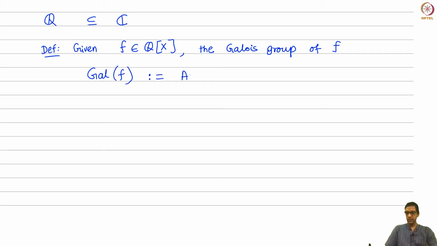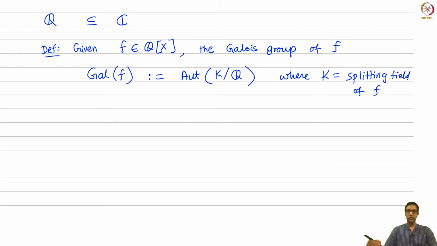It's the group of automorphisms of K over Q, where K is the splitting field of f. Because it's a splitting field, it's normal. Q is of characteristic 0, so it is separable, and so it's a Galois extension. So you've got this group of automorphisms, and we call that the Galois group of f.